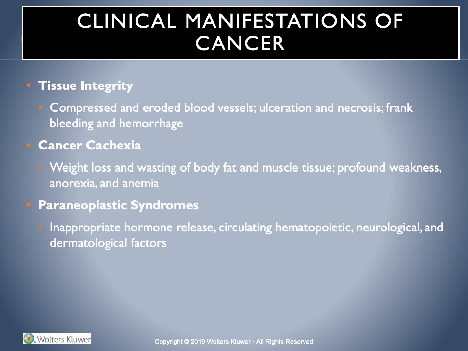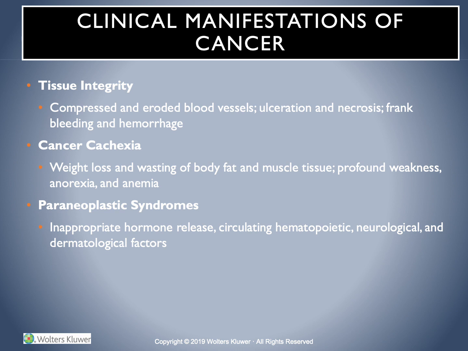Or it can be categorized as systemic symptoms. These are symptoms that affect the whole body and are often associated with advanced or metastatic cancer. These symptoms can include unexplained weight loss, fatigue, fever, night sweats, anemia, and easy bruising, just to name a few. Or they can be categorized as paraneoplastic syndromes.